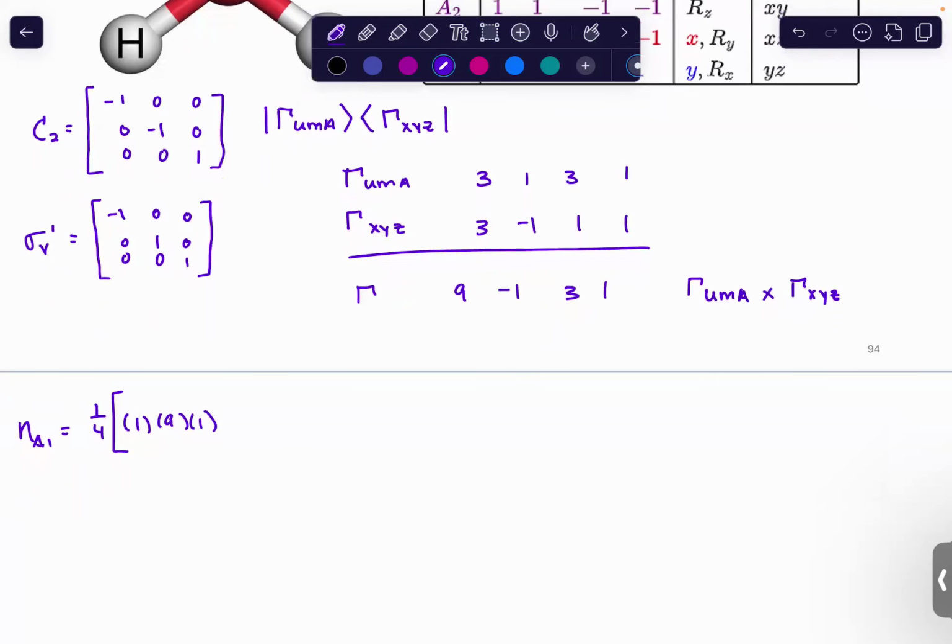If you compare this to the character table, I see 1, -1, 1, 1, 3, 1, and 1, 1, 1. This is going to give me 3 A1s. So I should get 12 in there, and I divide by 4.